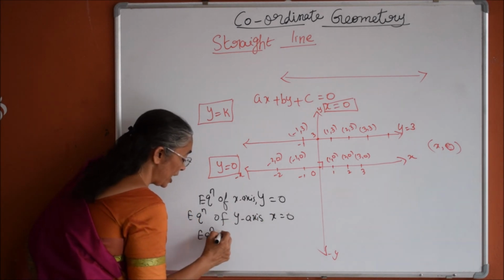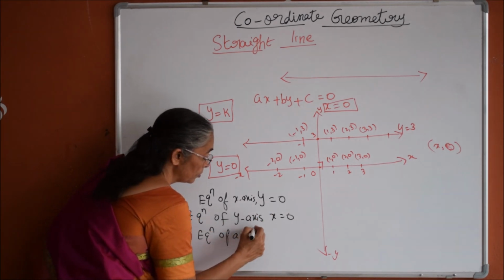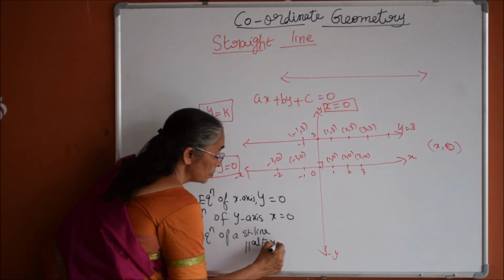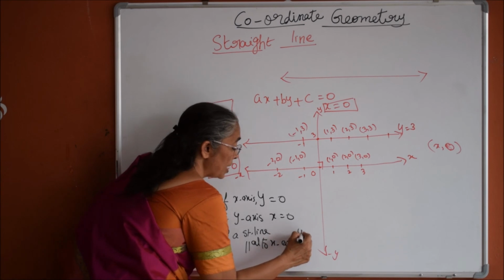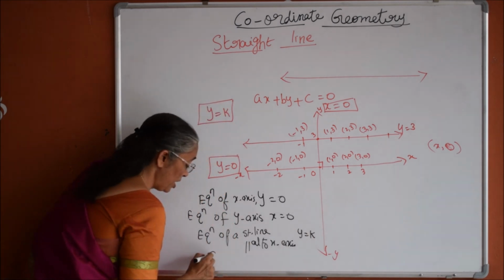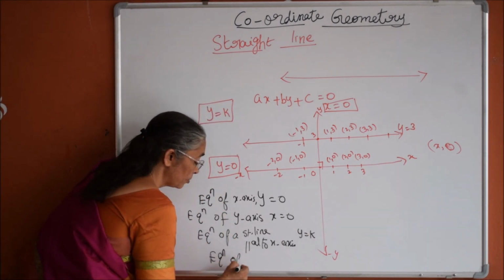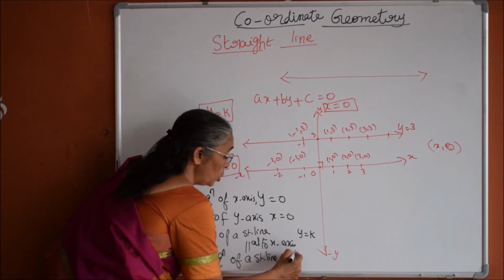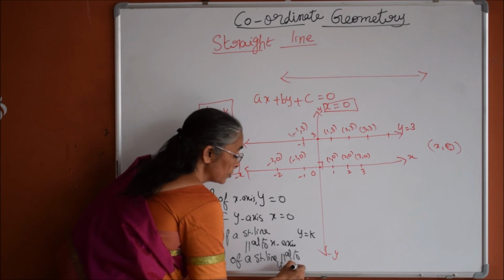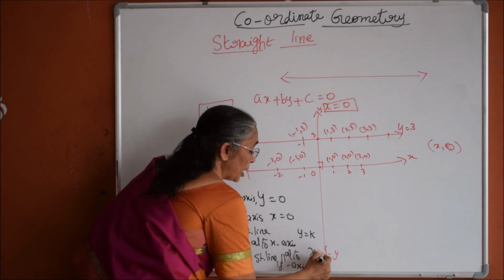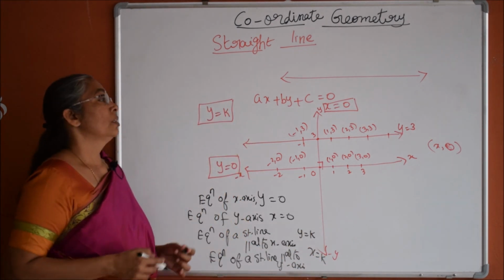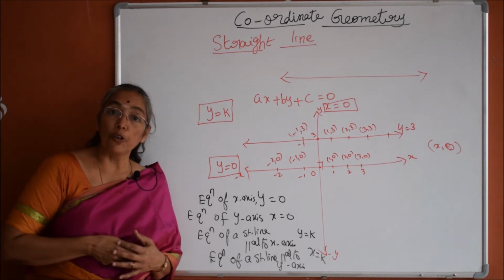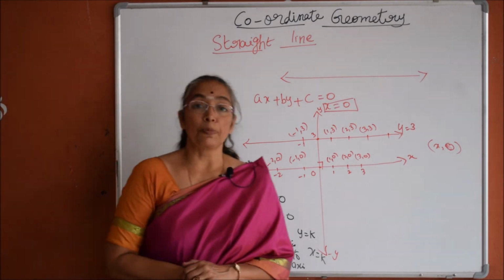Equation of a straight line parallel to the x-axis, y is equal to k. Equation of a straight line parallel to the y-axis, x is equal to k, right? Okay. Now, other forms of equations of straight lines we will discuss. Before that, we will discuss the concept of slope.